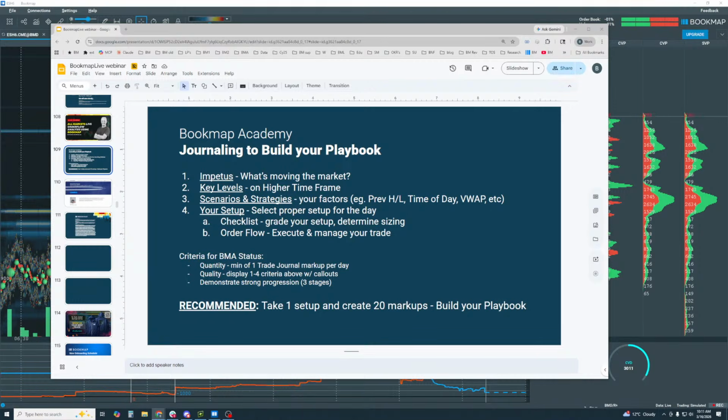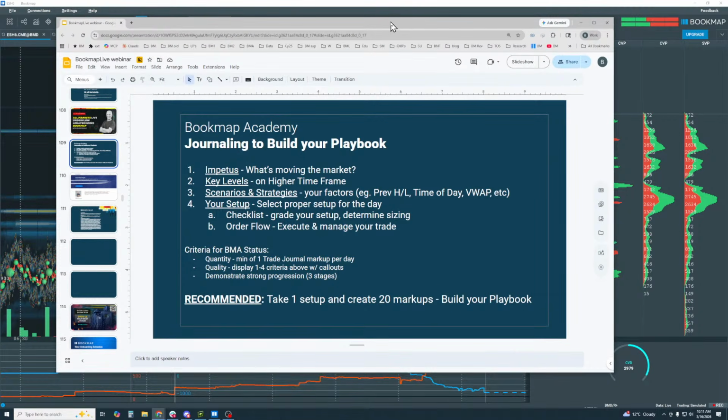But the FOMC is the biggest event in the market. We'll have the economic projections, the statement, the press conference, and also the Fed funds rate. We'll have to keep that in mind on Wednesday afternoon, and what the market thinks about that.